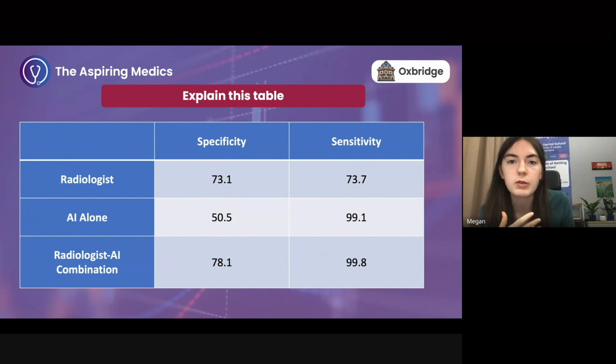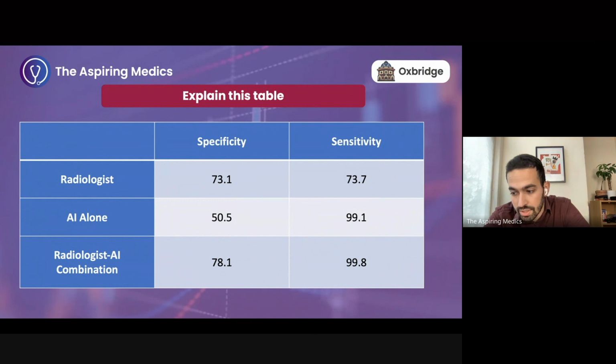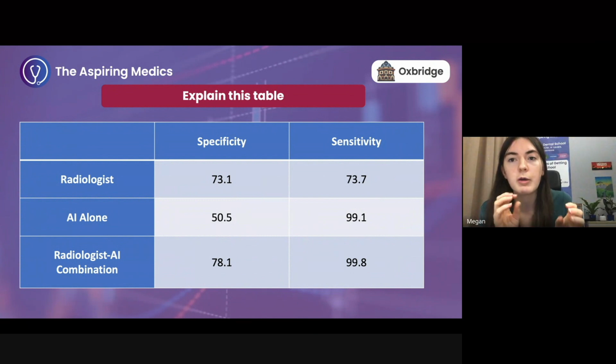If we're talking about a radiology scan, with high sensitivity it'll be able to pick up a condition, but specificity is its ability to identify a specific disease that you want to identify on a scan. So sensitivity is that, did you say? Specificity is about picking up a specific disease, and sensitivity is more broadly about just identifying a disease.